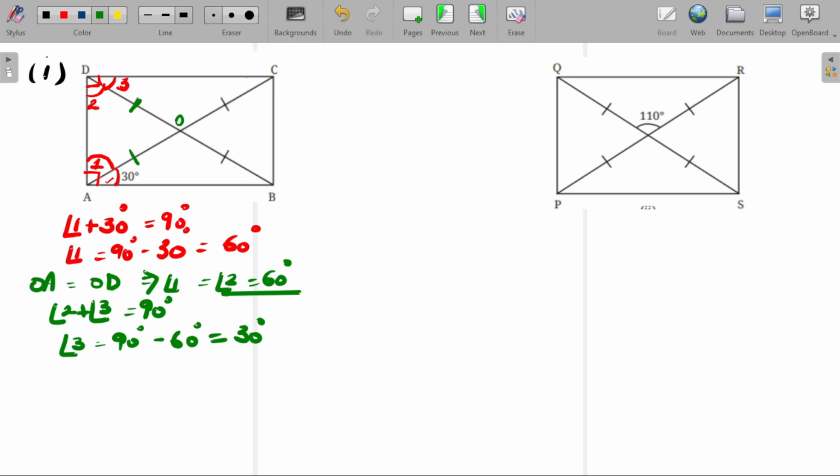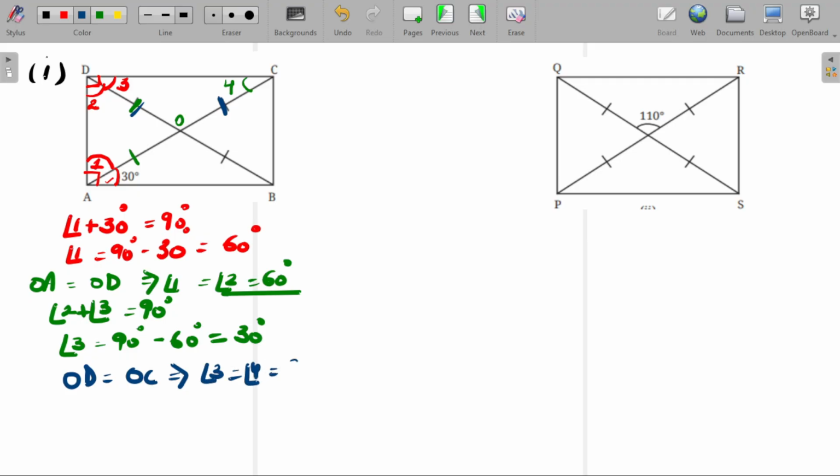Now moving to the next angle. This is angle number 4. Now see again, as you can see, these equality signs imply OD is equal to OC, which implies angle 3 equals angle 4.